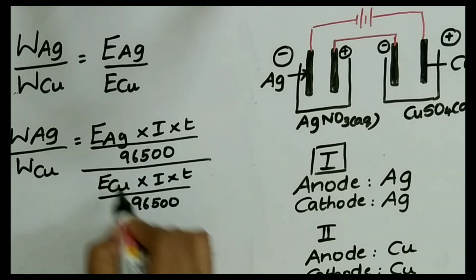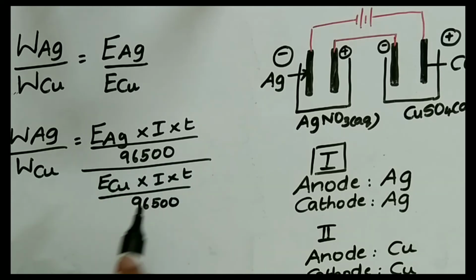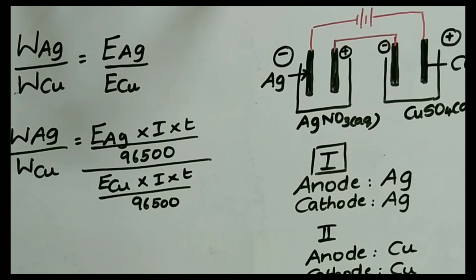See children, this equation is from Faraday's first law. We derived this equation after 2 small sums. We did for moles, what amount of element is deposited at cathode and anode, those 2 questions we have done, correct. After that we found many formulas we were writing, right. So that formula I have written here.